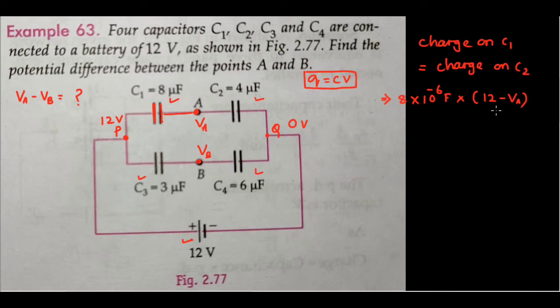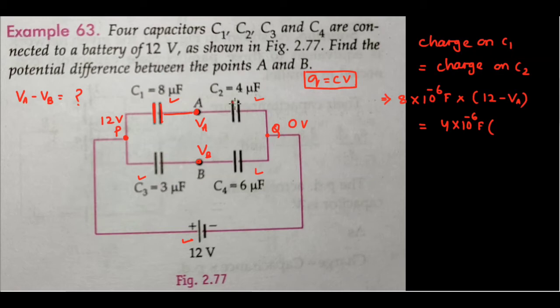So this is the charge on the capacitor C1, and that will be equal to the charge on capacitor C2. What is the capacitance of C2? That is 4 microfarad, so write 4 into 10 to the power minus 6 farad into the potential difference between the two plates of C2.